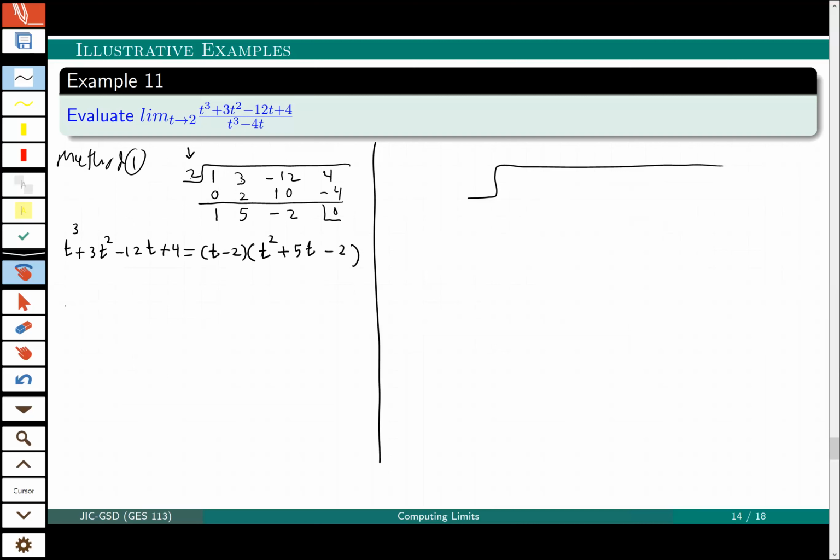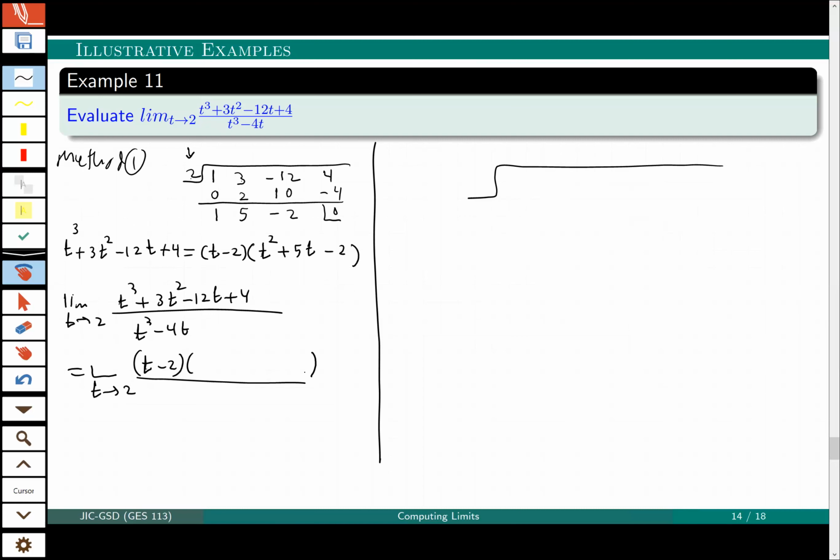So I can now say limit when t goes to 2 of, instead of t cubed plus 3t squared minus 12t plus 4 divided by t cubed minus 4t, I could say, according to the factor theorem, that is t minus 2, which is the divisor, times the result of the division, which is t squared plus 5t minus 2.